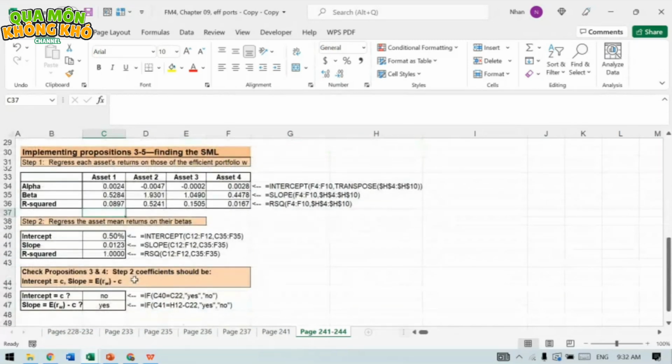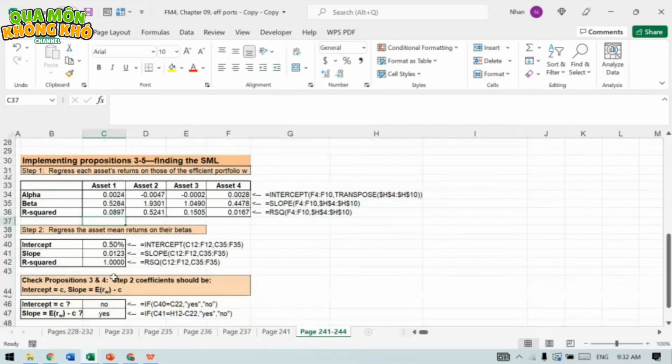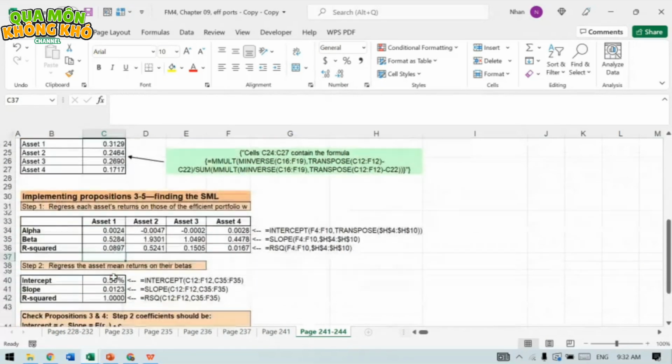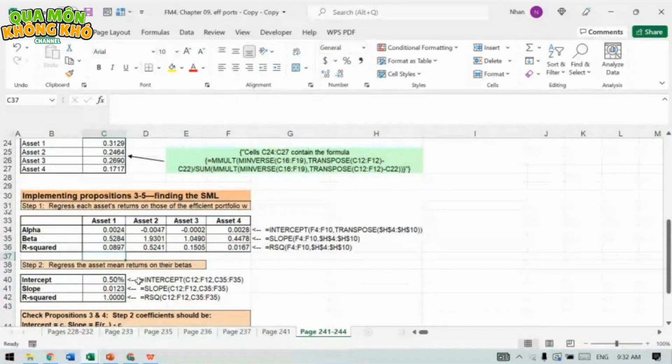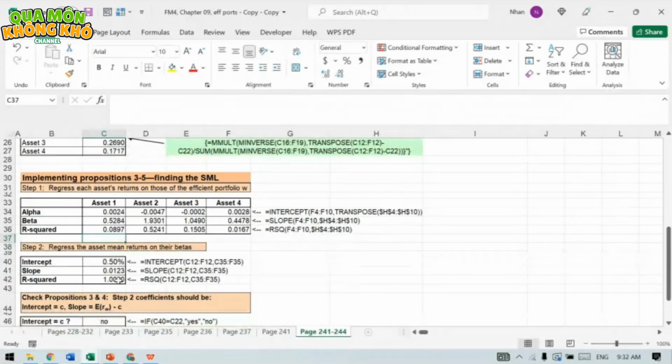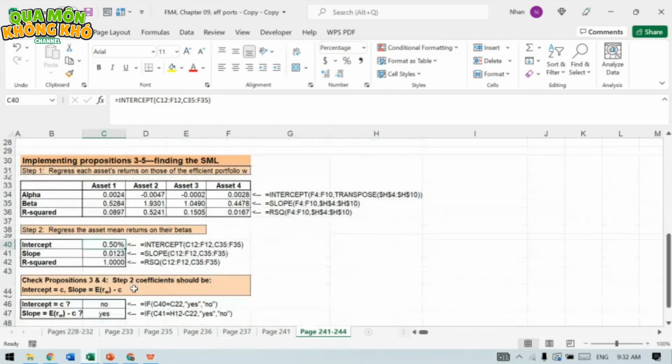Our constant here is 0.5%. Yes, and the intercept here is 0.0123. The intercept is B37, 0.5%.